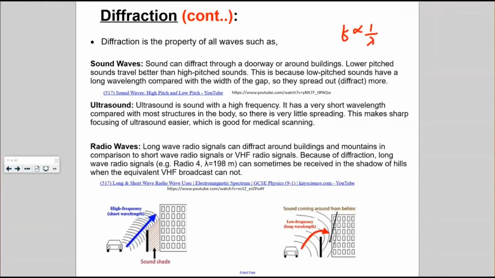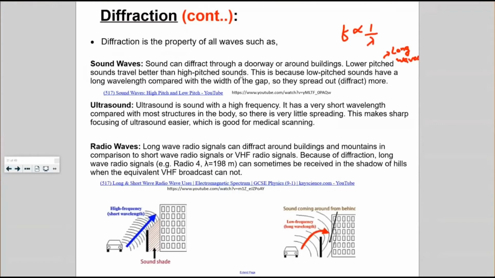So sound waves can diffract through a door or around buildings, right? Lower pitch sound means lower frequency and longer wavelength. So these are basically long waves. They tend to travel better than higher pitched sound because they can get diffracted around objects easily.